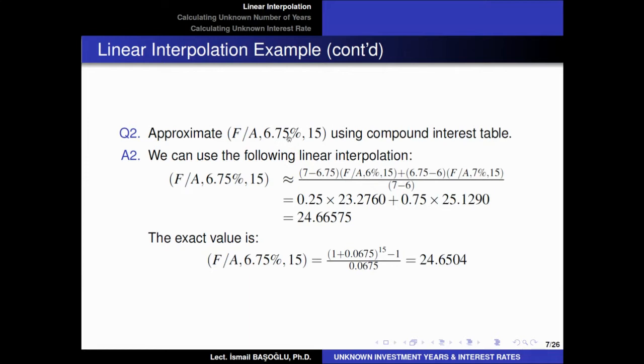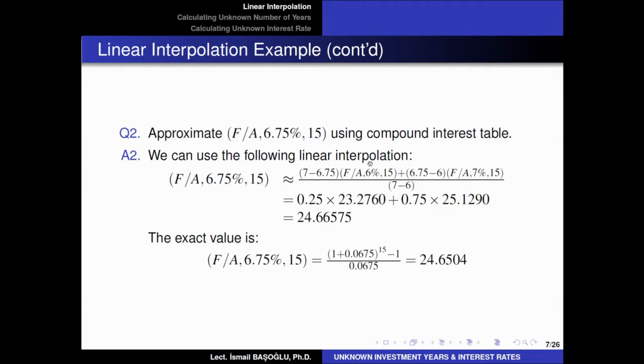Why? Because 6.75 is much closer to 7 than 6. And how do we determine the weights? The weights of these compound amount factors will be determined by the distance of 6.75 to the opposite input.